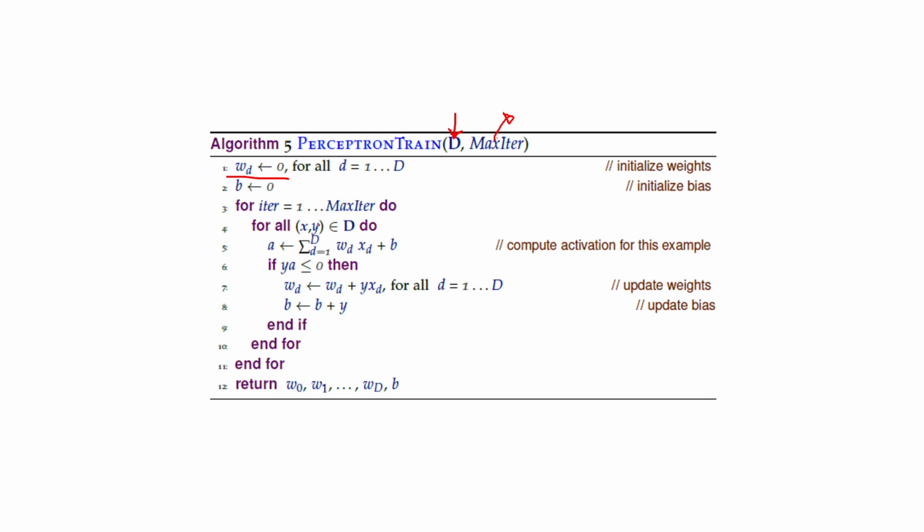So for all examples, an example is just feature values. We have x, the input, and the input will have x sub 1, which is the feature value of the first feature, and so forth.